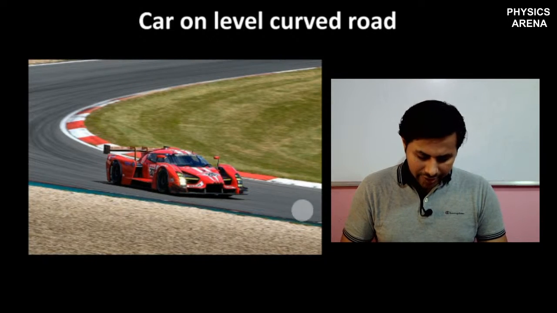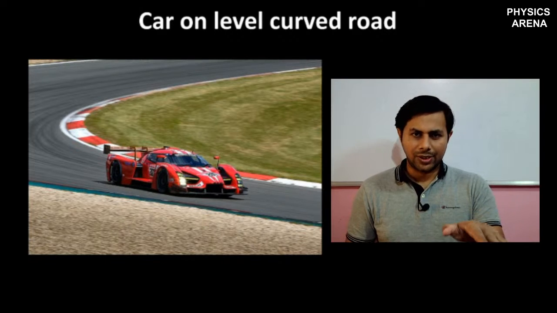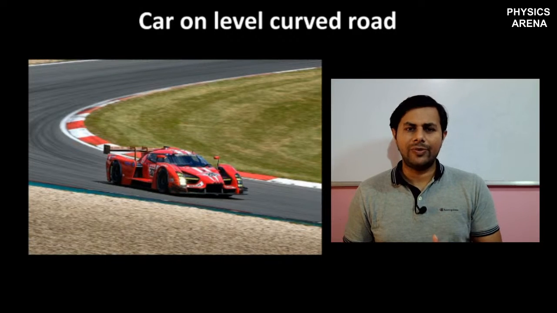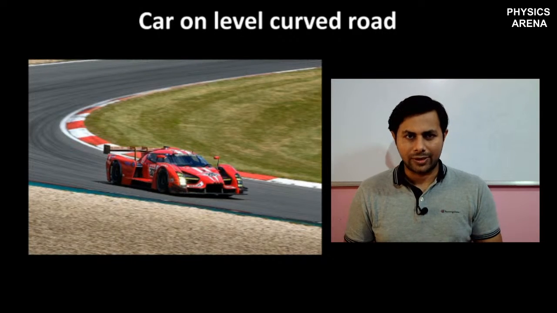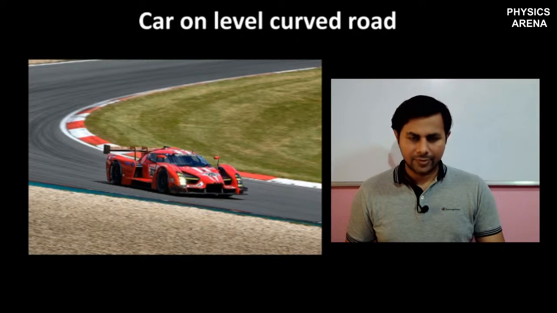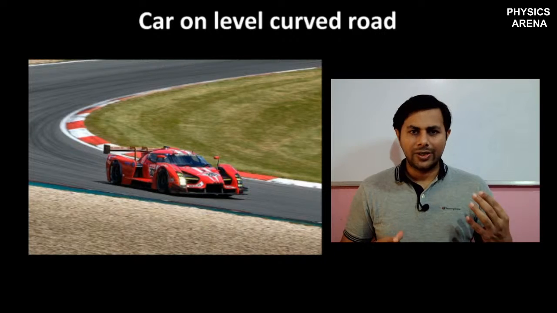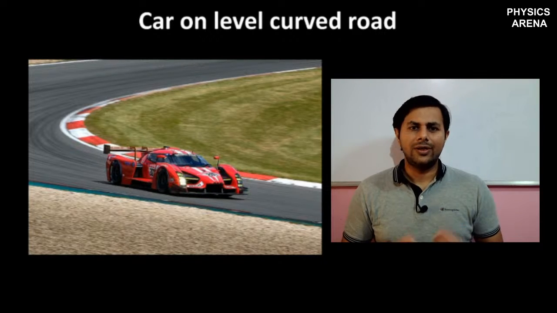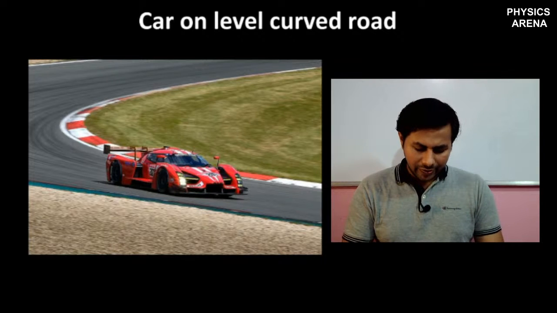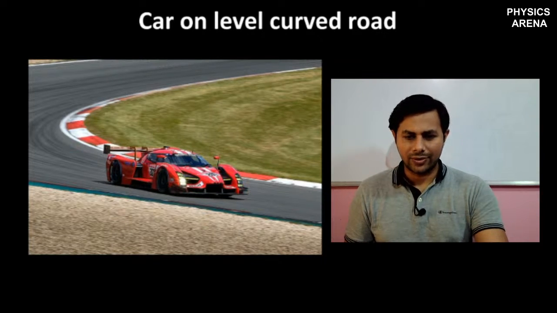For this turn, it's performing a curvilinear motion, and we can approximately say that it's a circular motion. For a circular motion we know a centripetal force is required. So the question is, where does this centripetal force come from? What do you think?